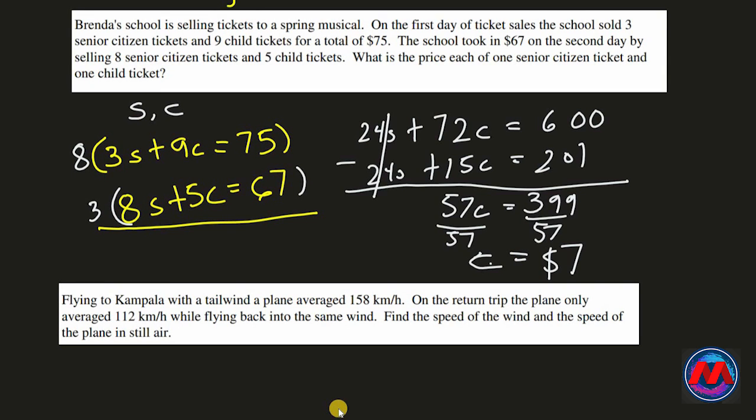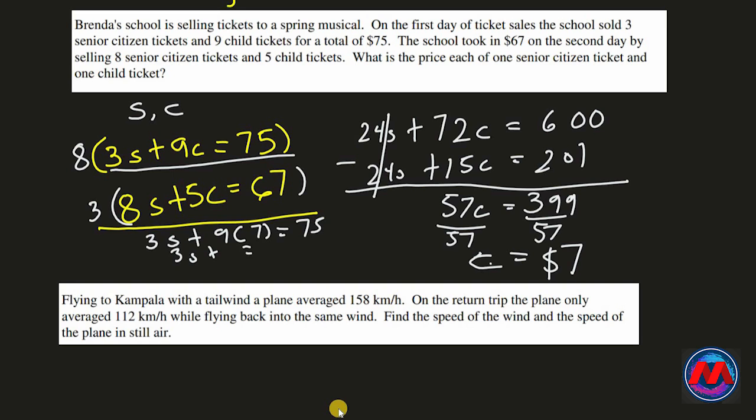So, now, since alam na natin yung value kung ilang dollars, we can just substitute here sa original equation. So, that's 3S plus 9. Yung C is 7. Any of dito, pwede ka mag-substitute. Is equals to 75. That's 3S plus 9 times 7, na 9 times 7 is equal to 63.